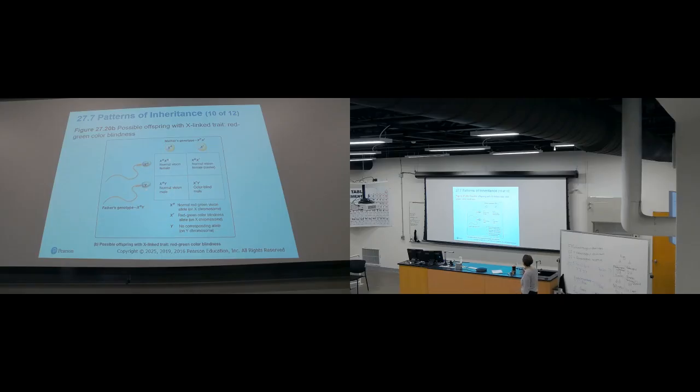And then here we will have this normal X chromosome derived from mom and the Y chromosome from dad. So this is going to be a male with normal vision. And then in this case, this is going to be a male with color blindness because he inherited the defective gene in the X chromosome coming from mom, and the Y chromosome from dad cannot compensate because this is a chromosome that basically just determines the gender.